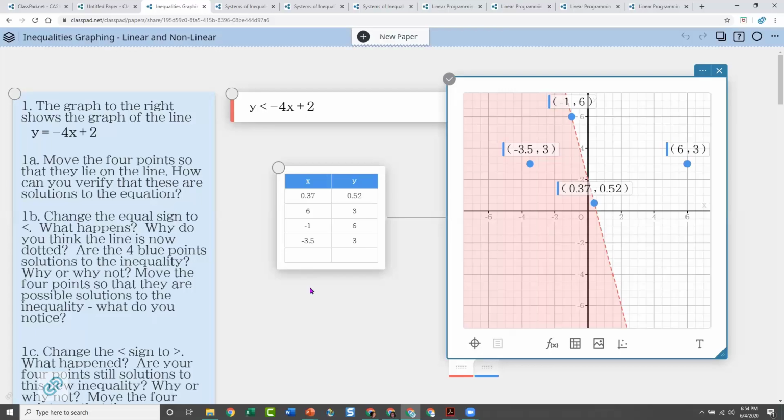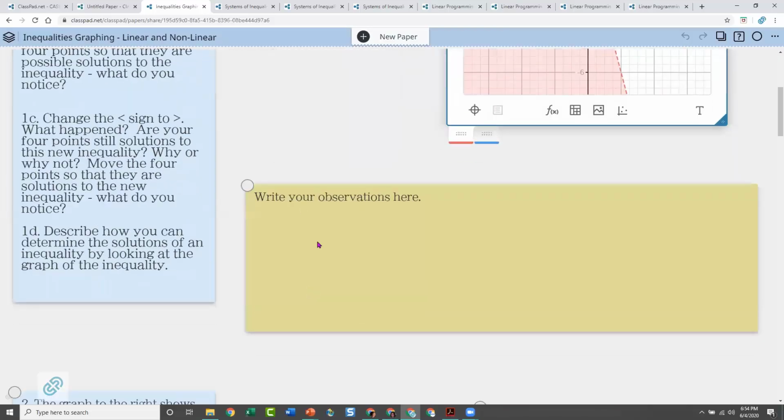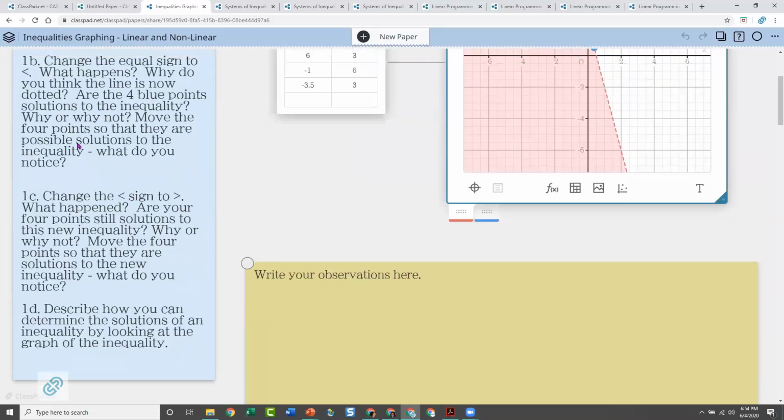But as we scroll down the activity, notice, if you haven't created activities, this is something I create a lot. I'd like to recommend that you have your questions and leave your questions by themselves and provide another text area, usually in a different color, so that students have a place to actually answer the question, so that they're not doing it where you ask the question, but they're able to write their own observations here.